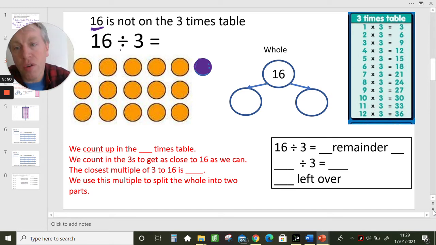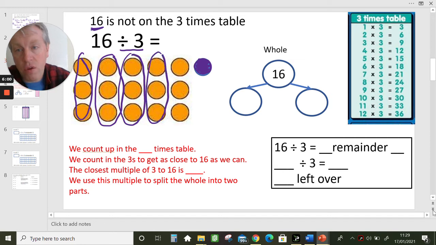We're dividing by 3, we're still making groups of 3. 1 group of 3, 2 groups of 3, 3 groups of 3, 4 groups of 3, 5 groups of 3. So we're dividing by 3, we count up in the 3 times table. We count in the 3's to get as close to 16 as we can.